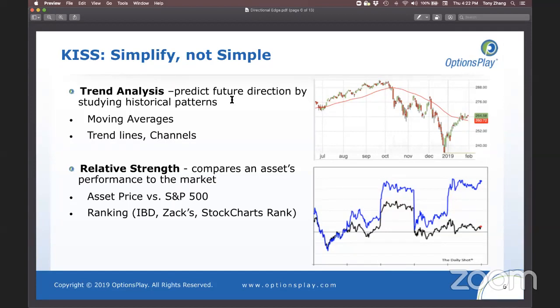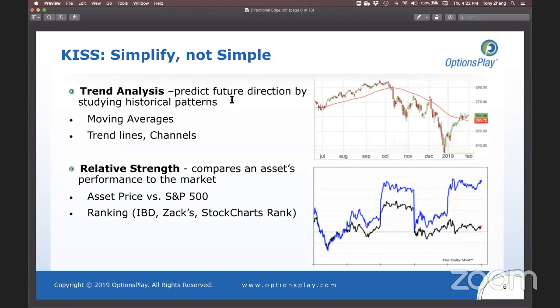We use a more robust method like one of these three to get a sense for relative strength, because we're calculating relative strength instead of just across a single period of one stock against the market. We look at multiple periods across multiple indicators to get a more robust reading of relative strength. So what you see here is that of these two indicators, trend gives you a sense for how an asset is doing against itself.